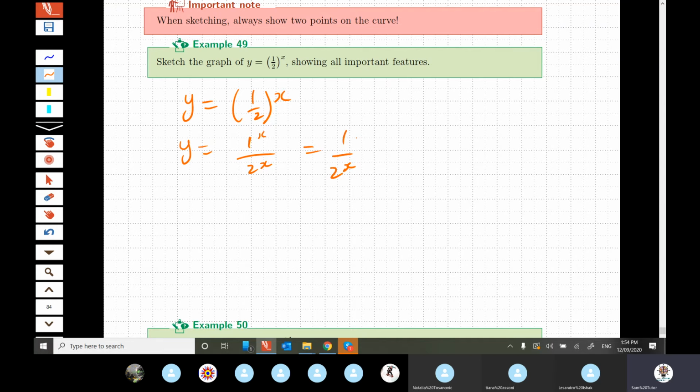And what can I rewrite 1 on 2 to the x as? Think of calculus. It might help you. 2 to the power of negative x. So that one's actually sneaky. It's just this one here, just written in a different way.